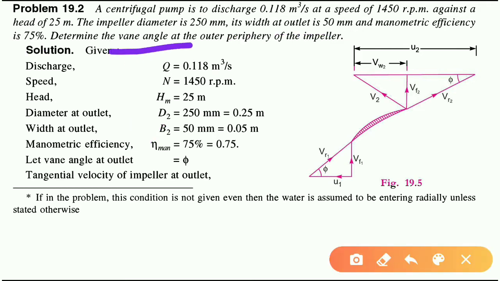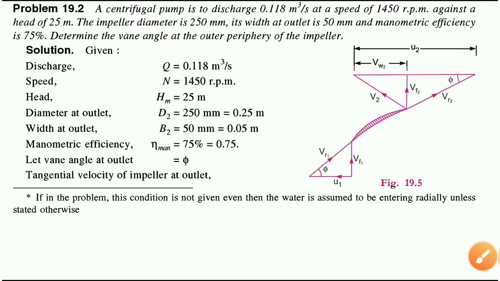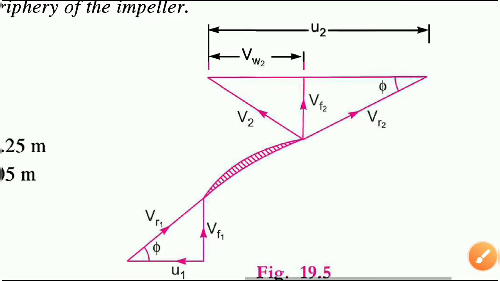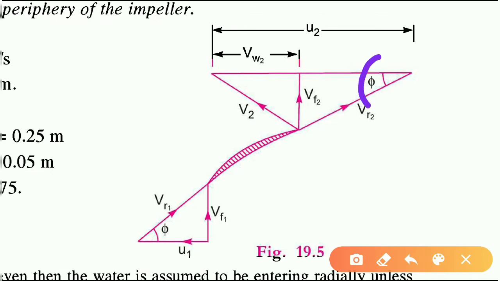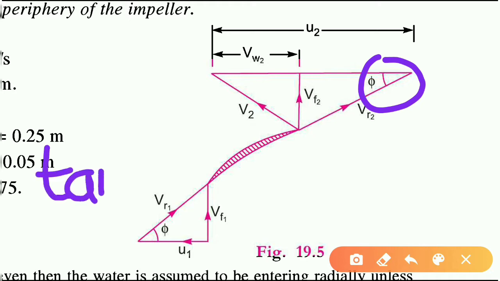Determine the vane angle. So what we need to find out? The vane angle at the outer periphery of the impeller. So vane angle at the outer periphery is phi. So we need to find out this phi. So in this velocity triangle we need to find out this phi. This phi can be found out by using trigonometry, like this: tan phi.